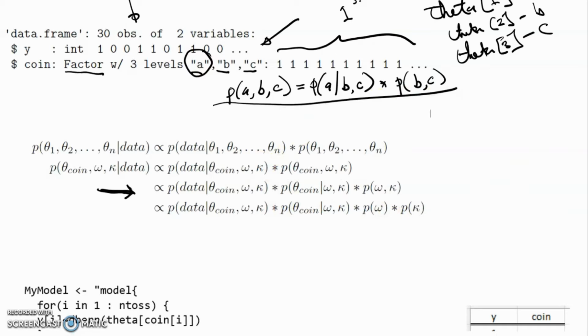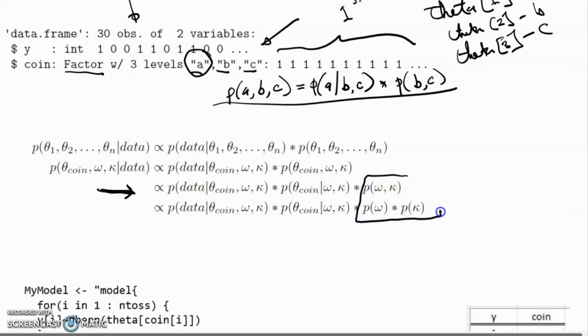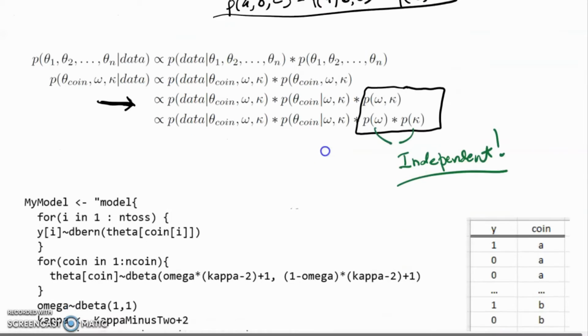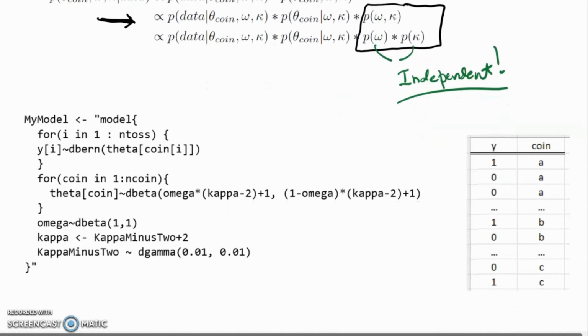And then finally we do that, and the reason we're allowed to do that is that these two are independent. We're going to assume independence, which to me is a reasonably good assumption.